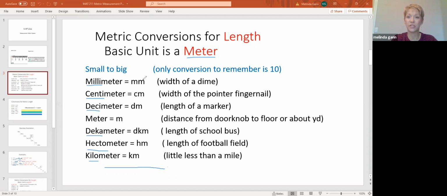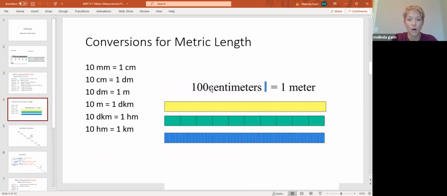Okay. Now let me show you something and make sure we're clear. All right. Look at this. I want to make sure we illustrate this pretty well. Let's clear that. All right. If from here to here was 1 meter. All right. So that's 1 meter.